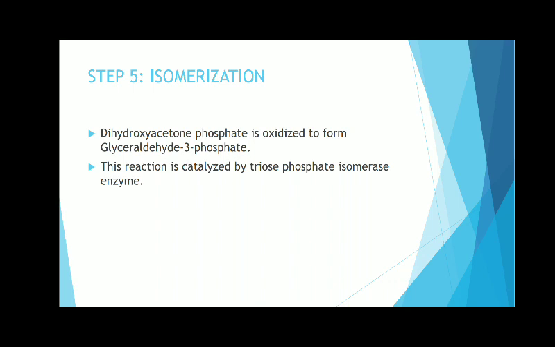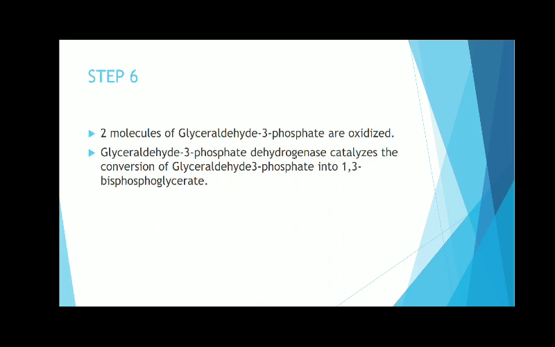In this, the dihydroxyacetone phosphate is converted to form glyceraldehyde 3 phosphate. This reaction is catalyzed by triose phosphate isomerase enzyme. So this enzyme plays the role of catalyst in the fifth step, that is isomerization in the glycolysis.